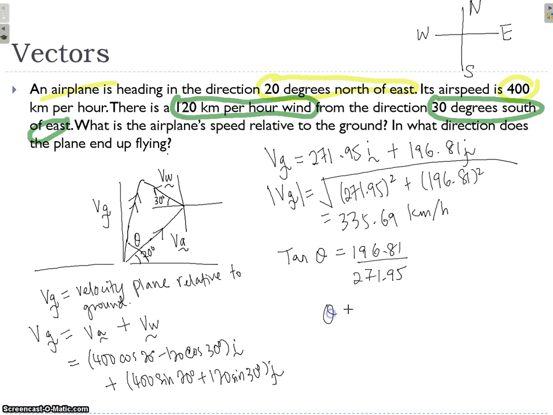We solve this, we get theta equals 35.89 degrees. If you look at the direction here, it is north of east. So we have 35.89 degrees north of east. This is the direction, and the speed is 335.69 km per hour.